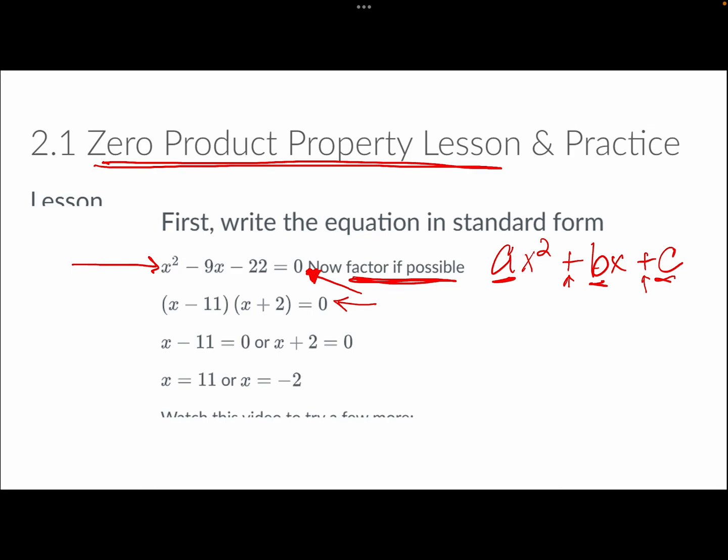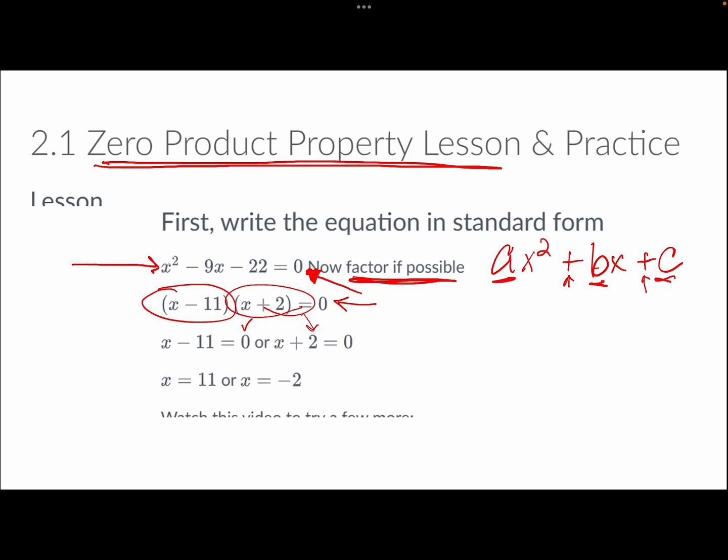And if these two things multiplied together equal 0, then that means this one has to equal 0 or this one has to equal 0. One of them has to be equal to 0 because way back when you first learned multiplication, you learned anything times 0 is 0. So if my whole product is 0, that means that one of the items has to be a 0.